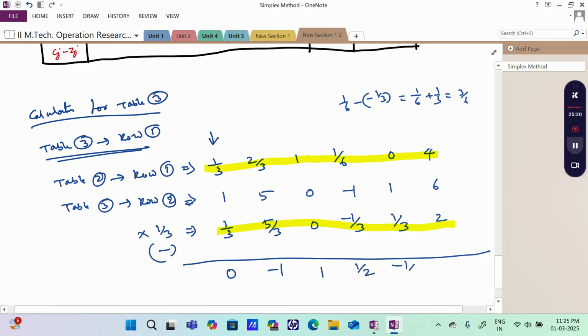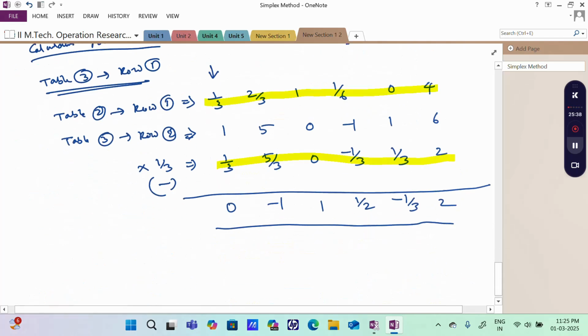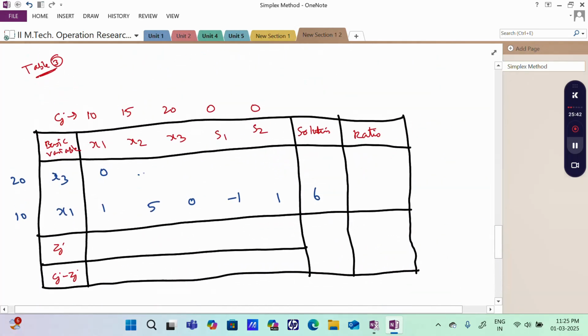Then minus 1 by 3, 2. So this is our value: 0, minus 1, 1, 1 by 2, minus 1 by 3, 2. This is our x3 value 20.